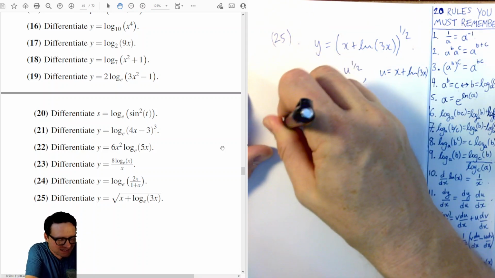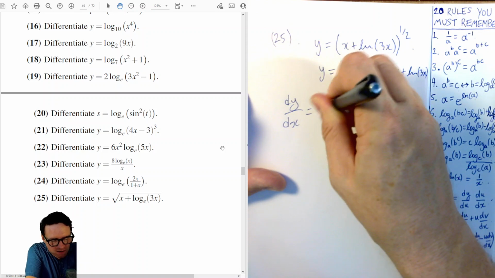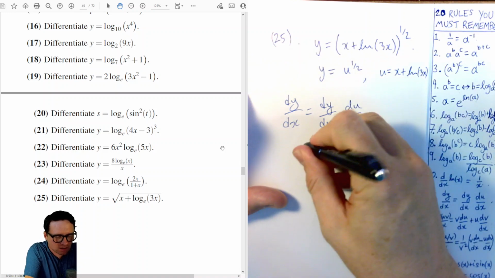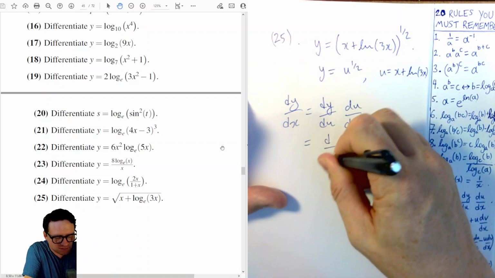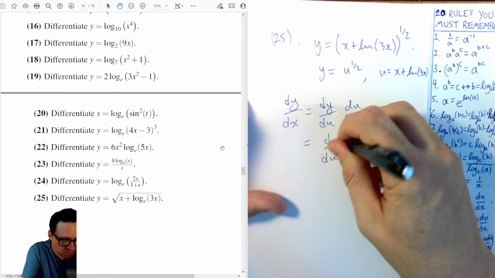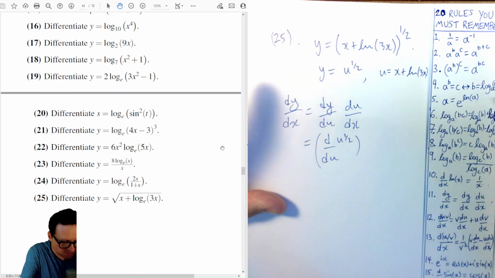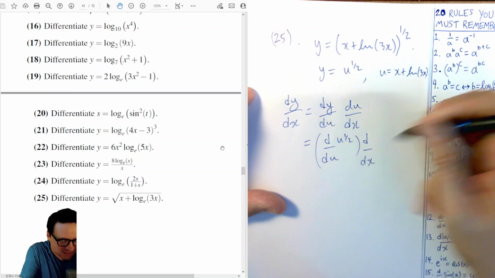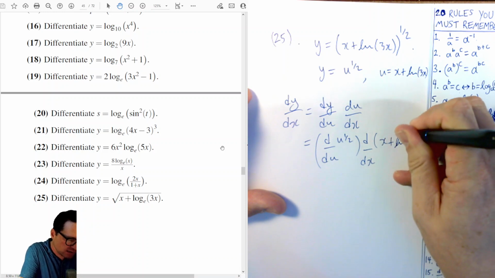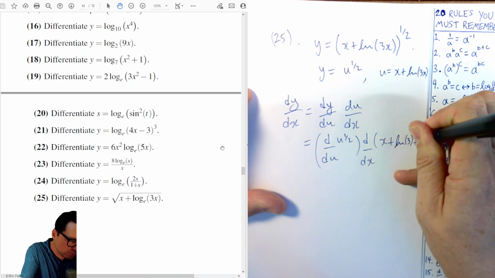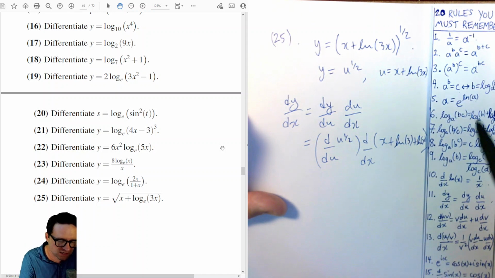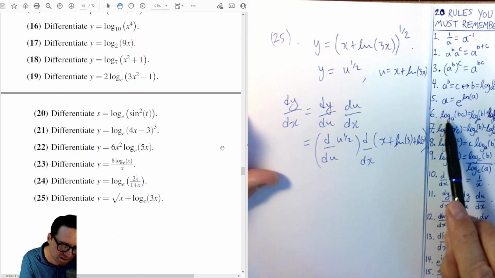So dy on dx is dy on du times du on dx, which is d on du of u to the 1/2, and then multiplied by d on dx of u, or x plus ln 3 plus ln x, if we break that up using rule number 6.